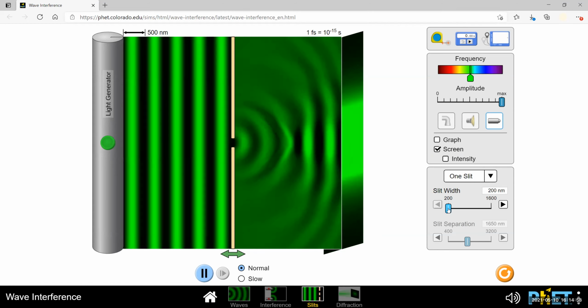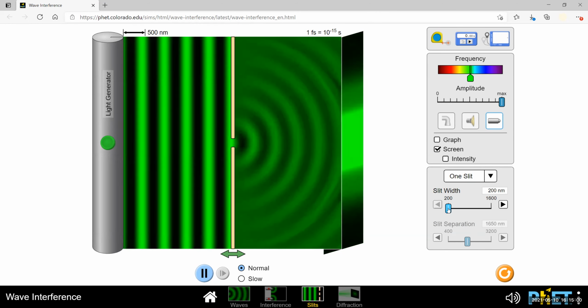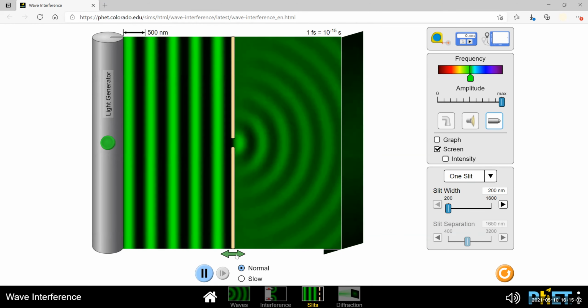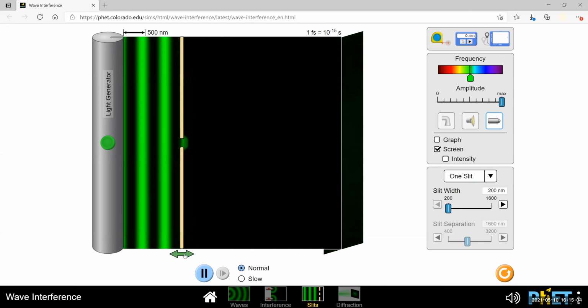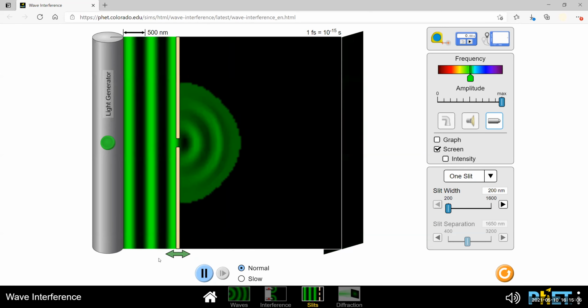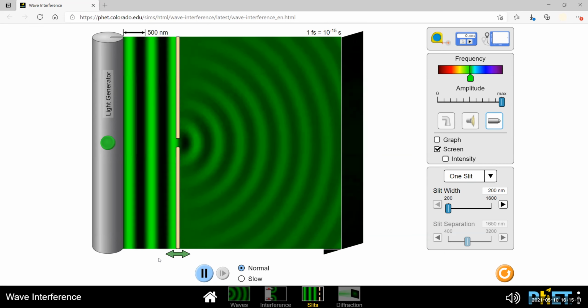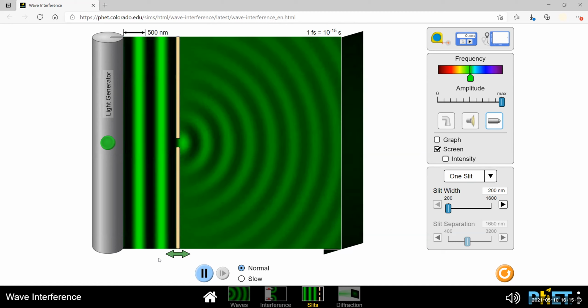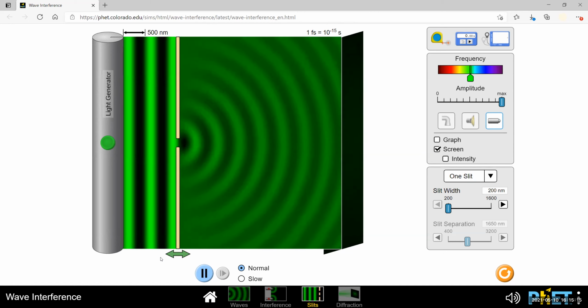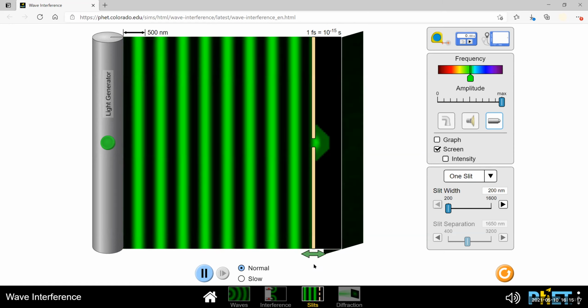So again, let's bring it further away in here to see how that distance is going to show us the formation of the waves in this case. Let's bring it very close in here.